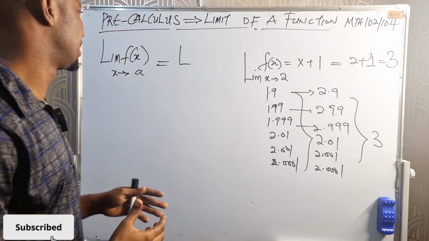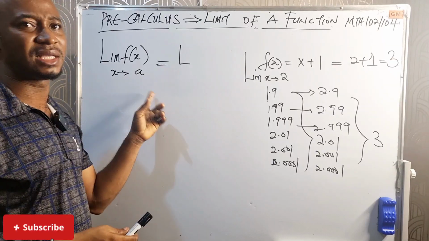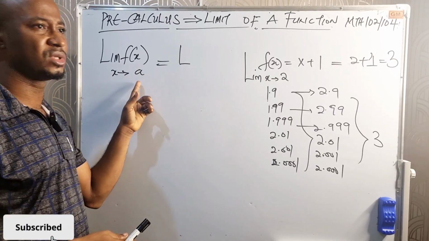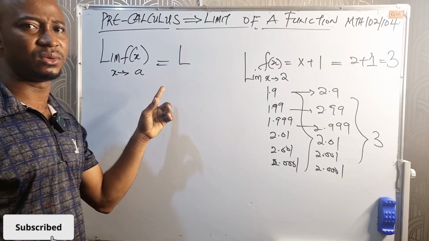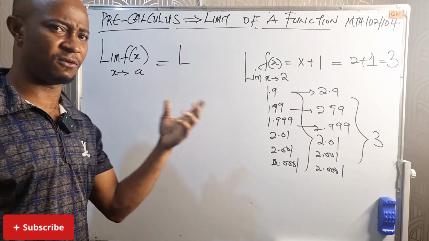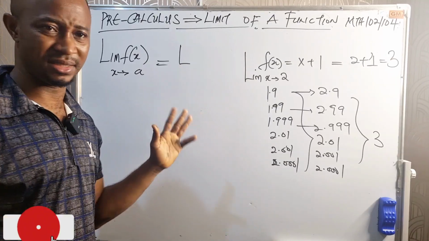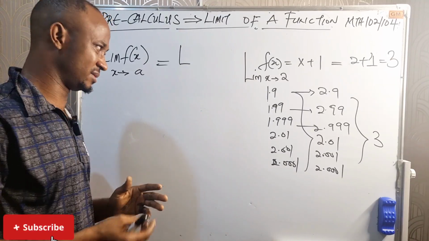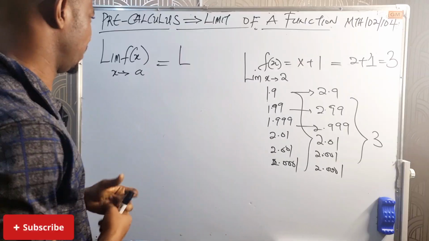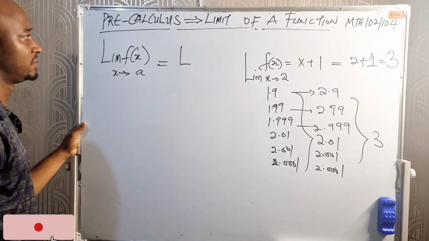All we just know is that x must approach a certain number. It may be x approaches 1, or x approaches 0, or x approaches infinity, or x approaches 4, or x approaches all real numbers. Then equals L.